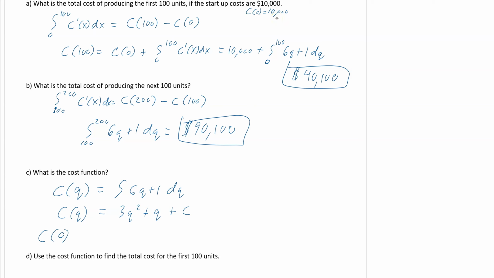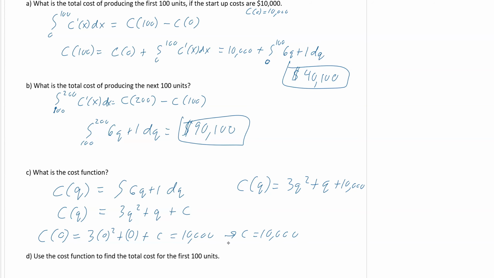So if we go C of 0, this would become 3 times 0 squared plus 0 plus c, and then that equals 10,000. So we know that 0 plus 0 plus c, so c is 10,000. So our actual cost function would be 3q squared plus q plus 10,000.